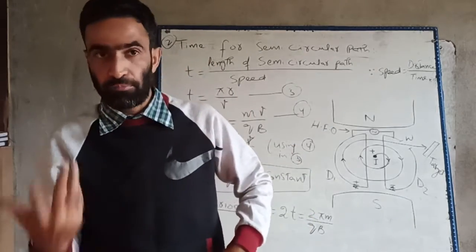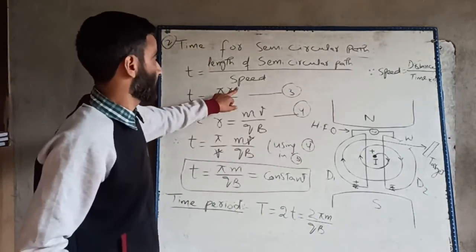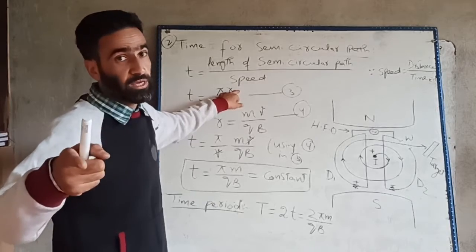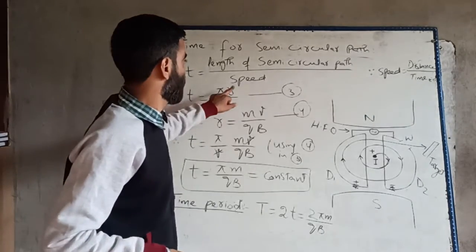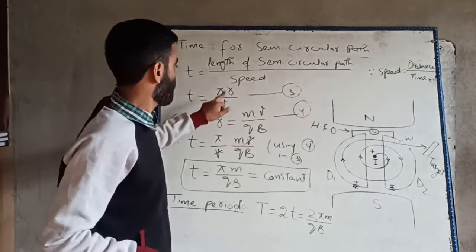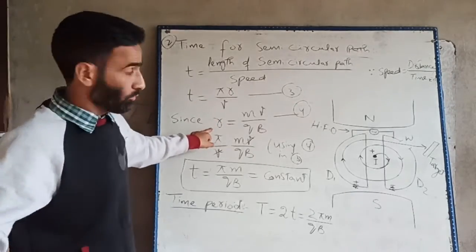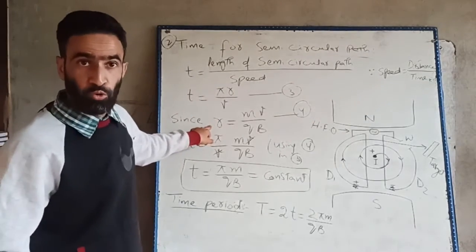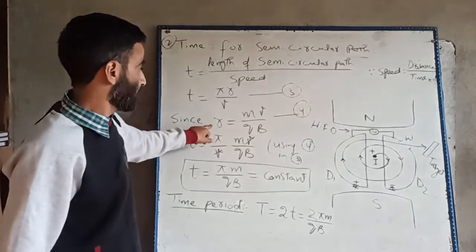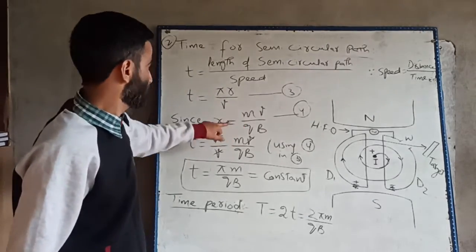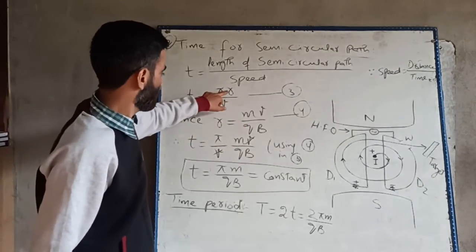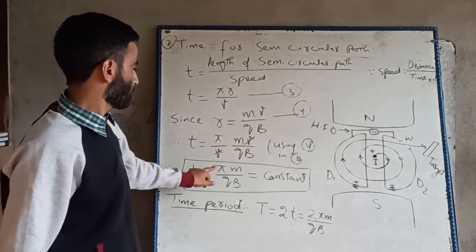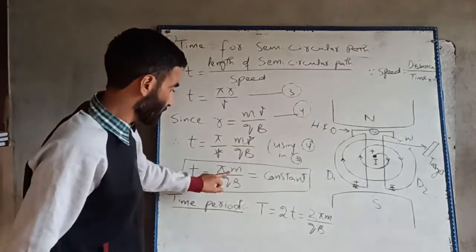For the semicircle it will be only πr. So the time is πr divided by speed v, and we already know from the previous topic that the radius is equal to mv/qB. By using this value of r, we got the time equal to πm/qB.